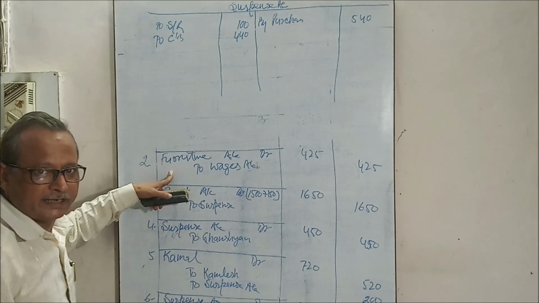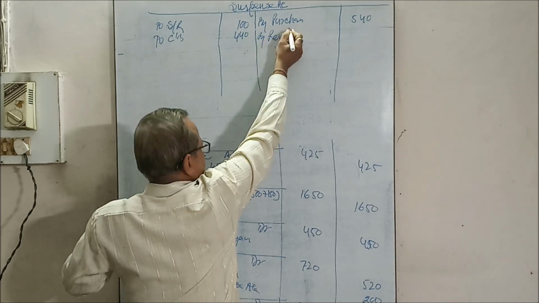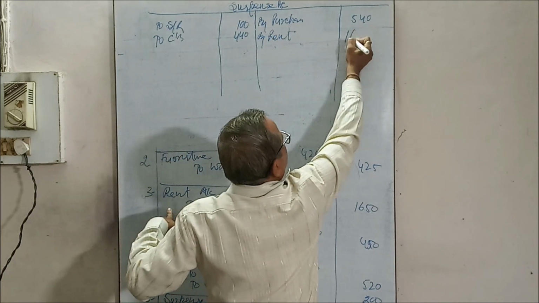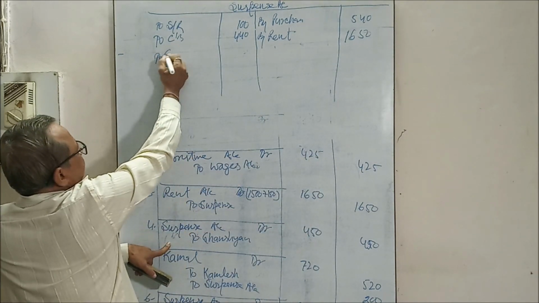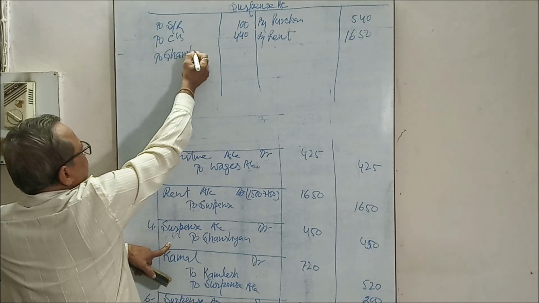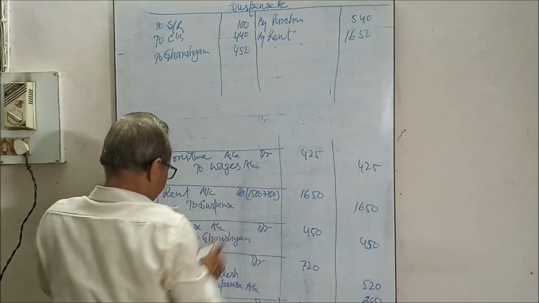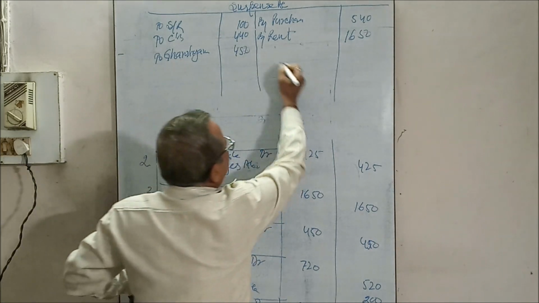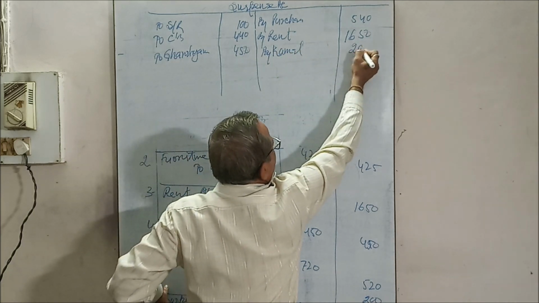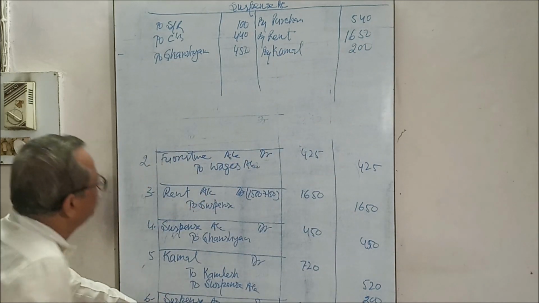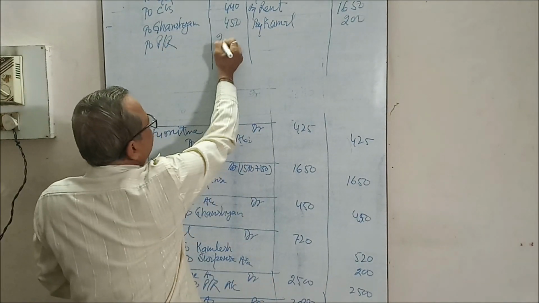Here, no single-sided. Here, by rent 1650, to Shop 450, by Kamal 200, to purchase return 2500.